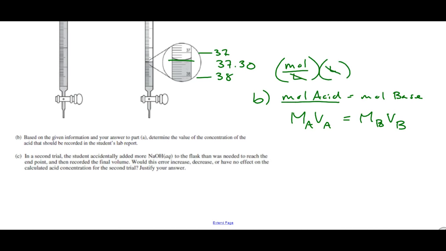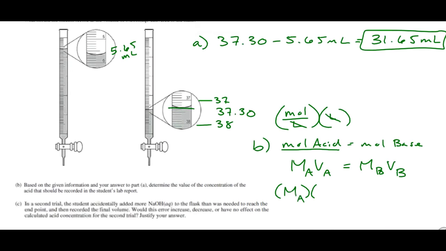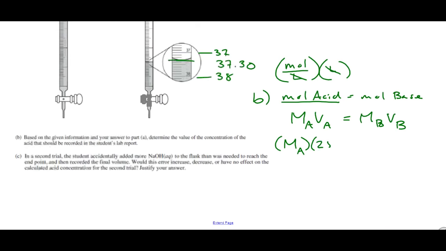So we're going to fill in what we know. It's wanting to know the concentration of my acid, so I don't know that, but I do know all the other information. I know the volume of my acid, which is 25 milliliters, and I can keep it in milliliters because it's going to cancel out.